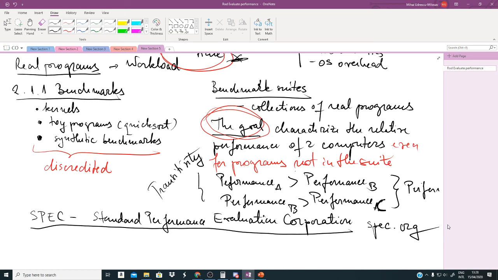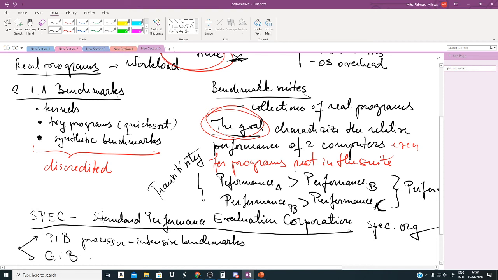For PCs, they have two classes of benchmarks: processor-intensive benchmarks and graphics-intensive benchmarks.